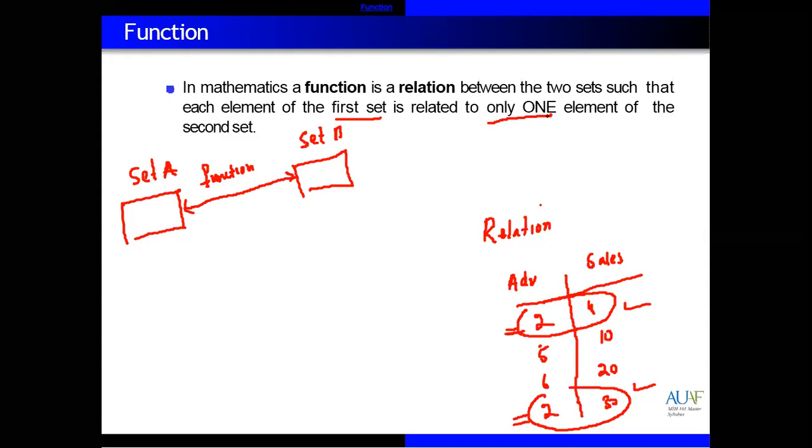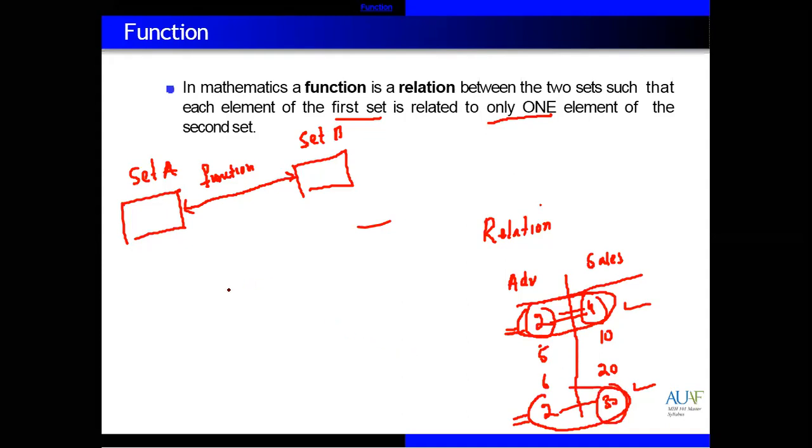It means one element from the first set cannot be in relation with two numbers in set B. For example, you can see here 2 with 4 and 2 with 30. This is a relation, but this is not a function because one number 2 is in relation with two different numbers: one is 4 and the second one is 30.